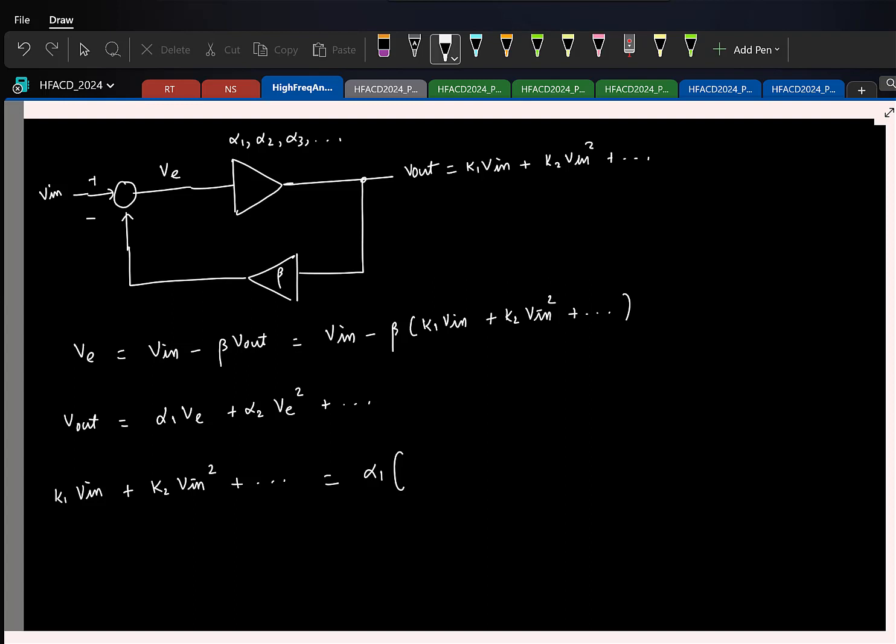I'll simplify this slightly by taking the V in term together: V in times 1 minus beta k1, plus k2 V in square. So if I replace it, I'll have alpha 1 times 1 minus beta k1 times V in, plus k2 V in square plus so on, plus alpha 2 times this entire thing squared plus so on. I'll not write it out. Sorry? Beta k1, right?